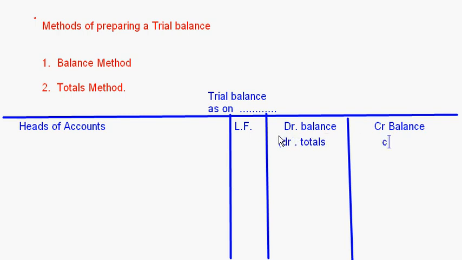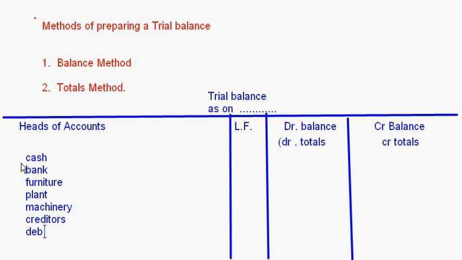Under heads of accounts, we'll have the different heads of accounts like cash, bank, furniture, plant, machinery, creditors, debtors, like this, right? And whatever balances we have or whatever totals, that will come here.